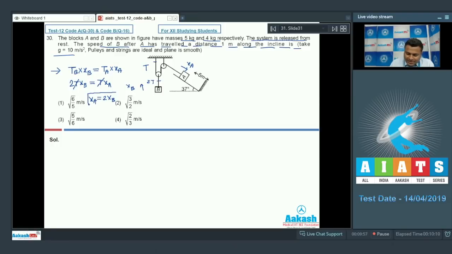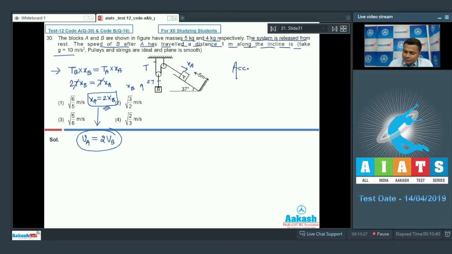Means whatever distance XA is moving, XB will move half of that. Or whatever distance XB is moving, XA will move twice of that. The same relation we will have for the velocities. VA will be equal to 2 times VB. Velocity of A will be twice velocity of B. Now let us apply the conservation of energy.